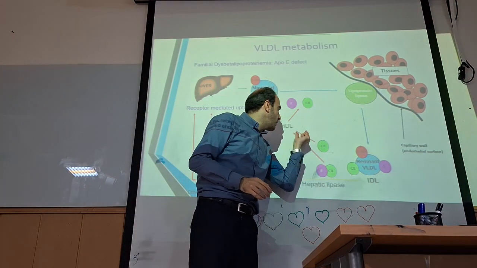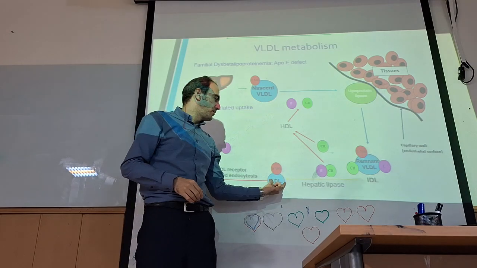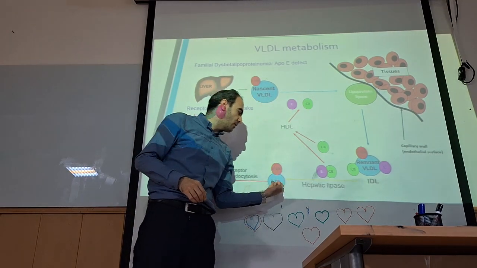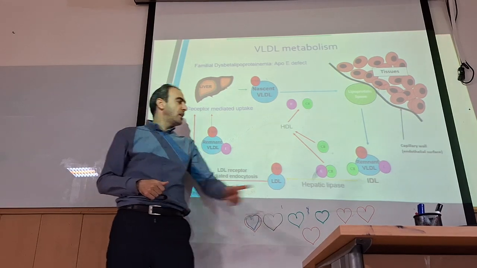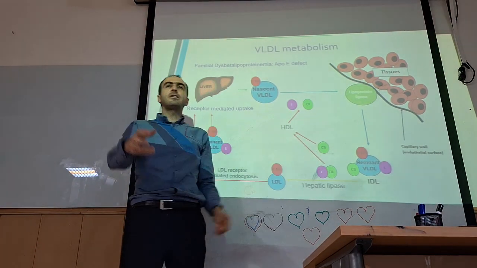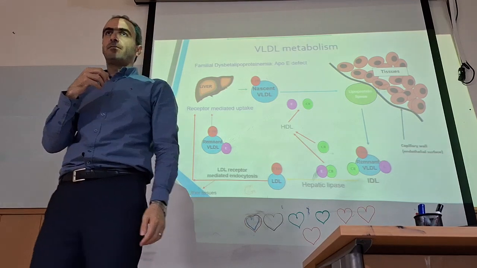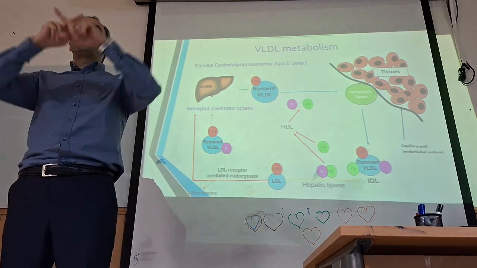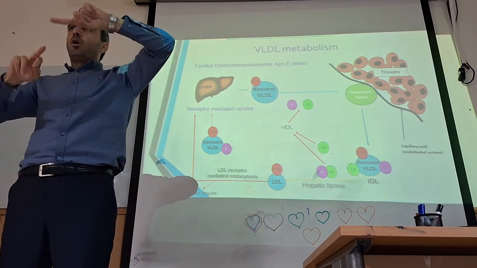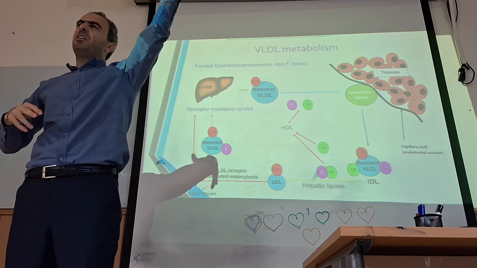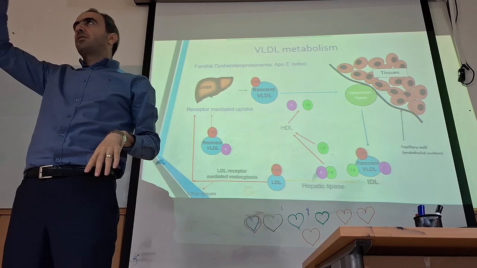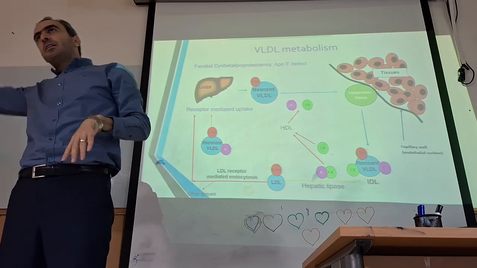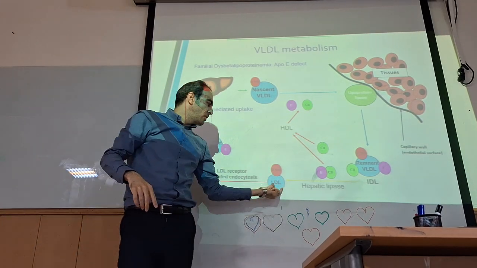So it converts IDL to LDL. That is one fate. The second fate of IDL is to be uptaken by liver. So IDL has two pathways. One is uptake by liver, maybe 60 to 70%. About 25% is converted to LDL by hepatic lipase.